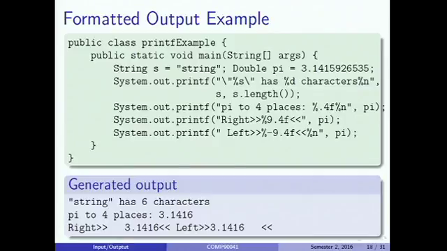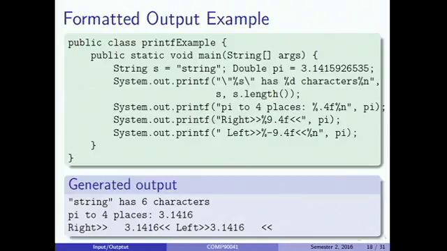So I've got string s, and double pi is something approximating pi. And now I'll print out, so this is a printf again. I'll print out a quote character, %s, another quote character, has %d characters in it, %n.